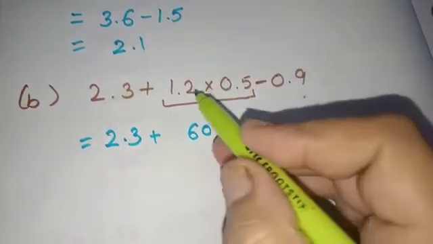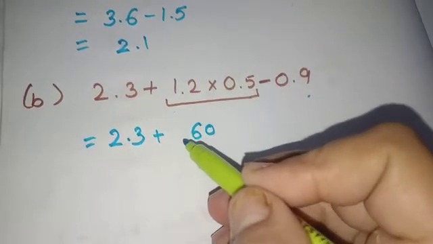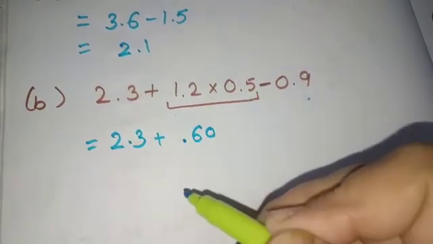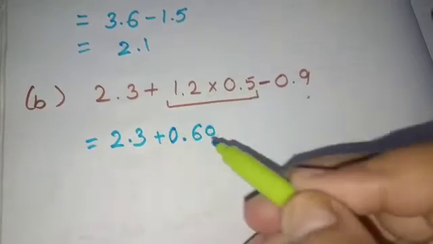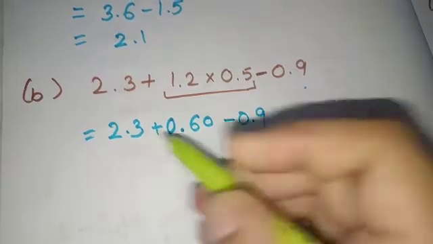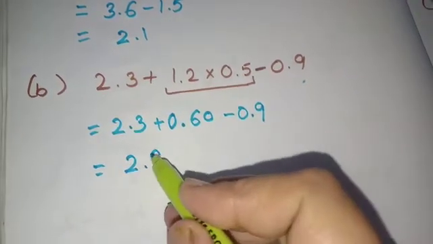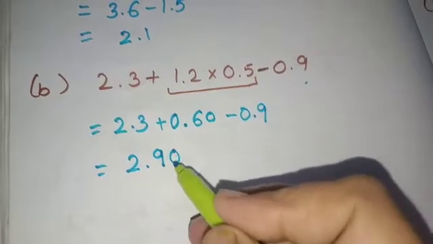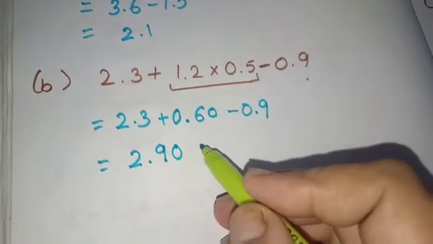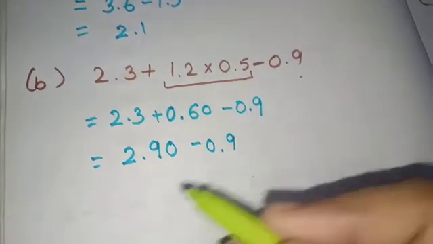Then mark the point. 1 and 2 digits are after decimals, so by leaving 2 digits, mark the point and write 1.0. Minus 0.9. When we add these two numbers, it will be 2.90. We can also skip this 0, as a 0 at the end after the decimal doesn't have any meaning.